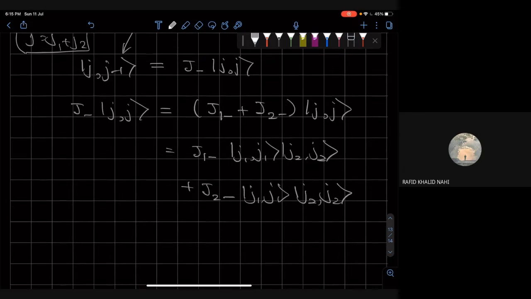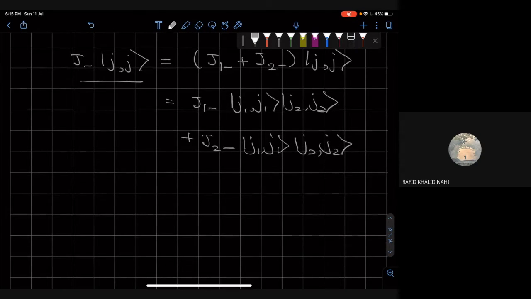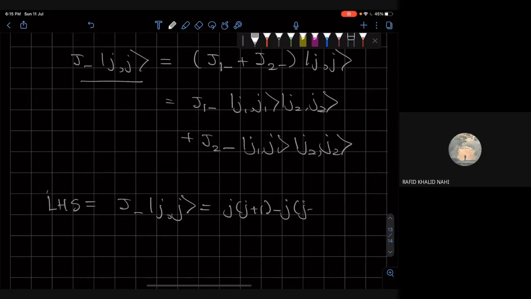Okay, so let's look at the left hand side. According to our formula, j minus acting on jj is going to be given by the square root of j times j plus 1 minus j times j minus 1, because these satisfy the angular momentum algebra.